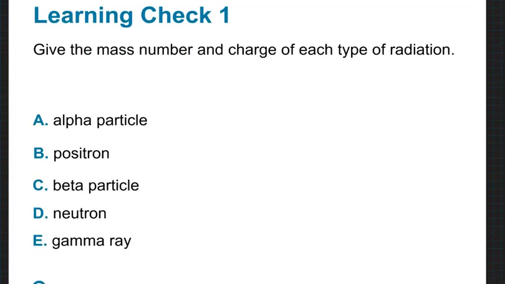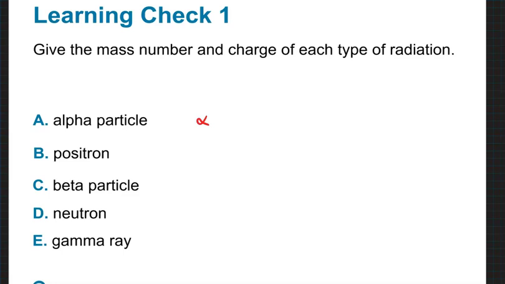So here we're going to basically write down the symbols for alpha particles, beta particles, and so on. For the alpha particle, I'm not going to use helium because it's an element. I'm going to use alpha. But since it's identical to the helium nucleus, what is the charge of the helium nucleus?